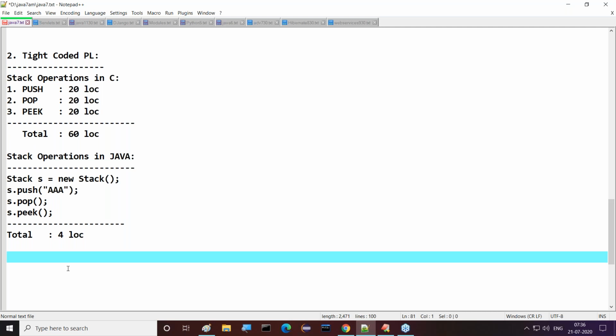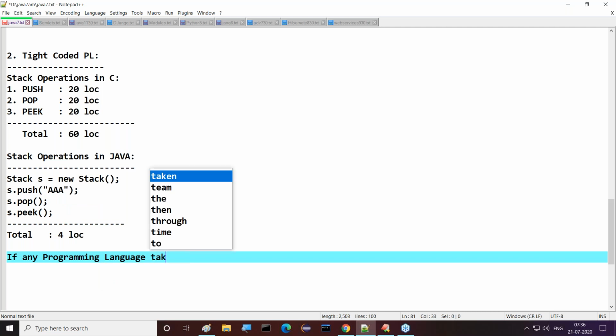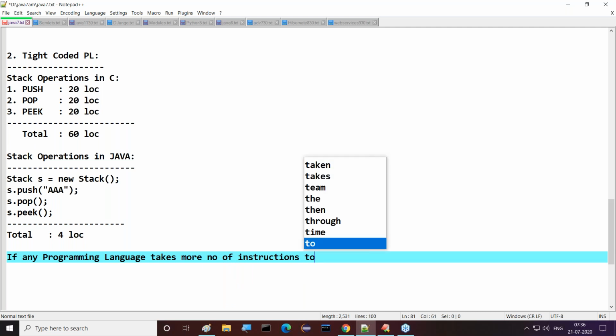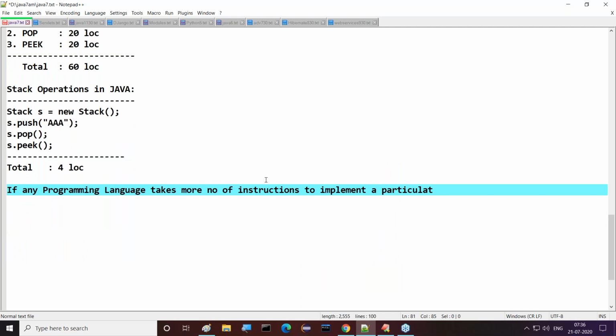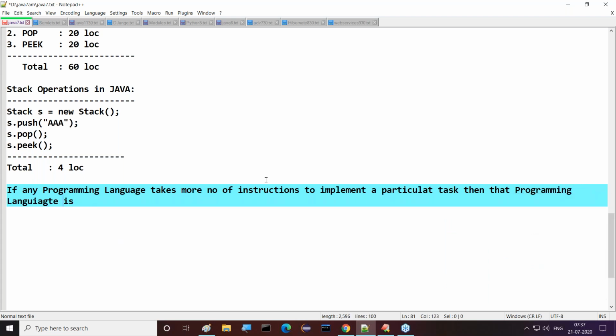That's why I'm telling you clearly: if any programming language takes more number of instructions to represent a particular thing or to implement a particular task, then that programming language is called a loosely coded programming language.